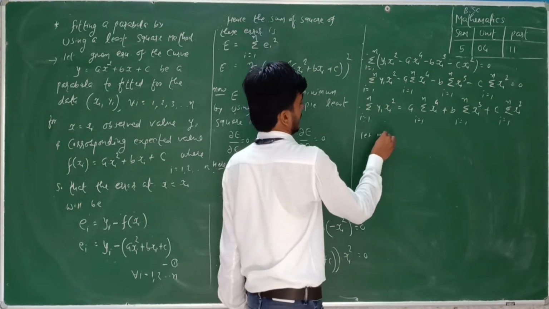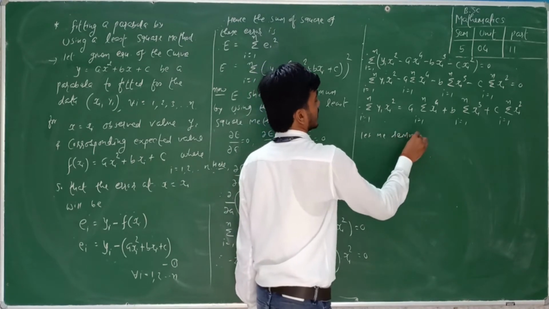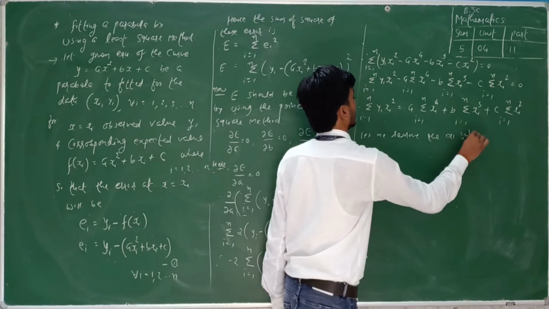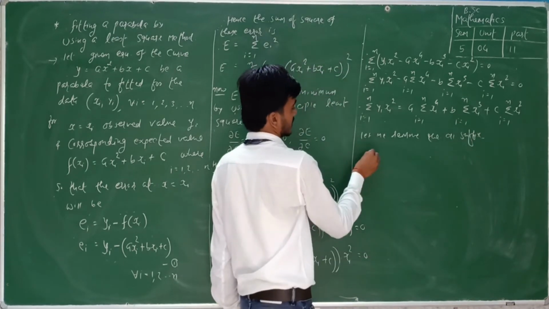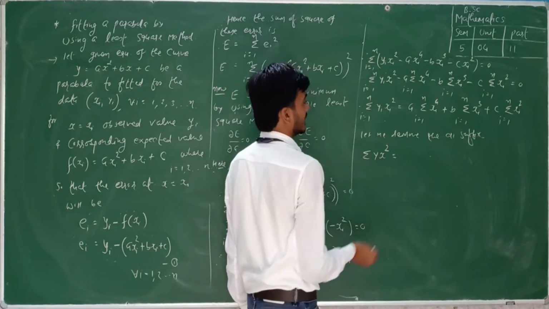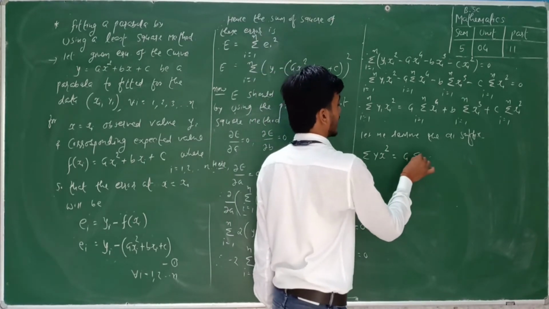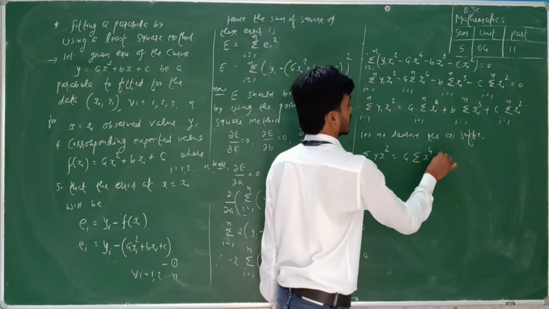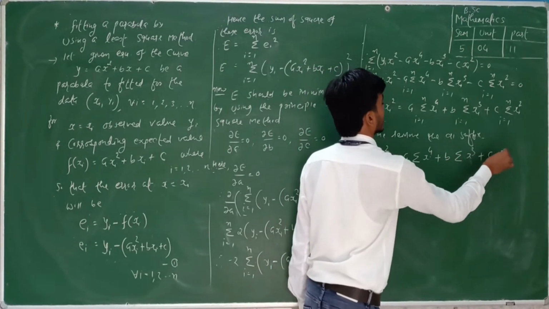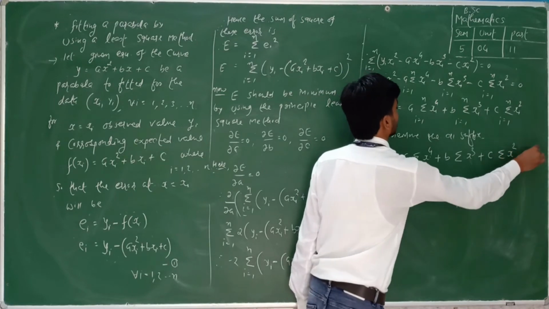Let me remove all the suffixes and prefixes. Sigma y x square is equal to a into sigma x raised to 4 plus b into sigma x cube plus c into sigma x square.